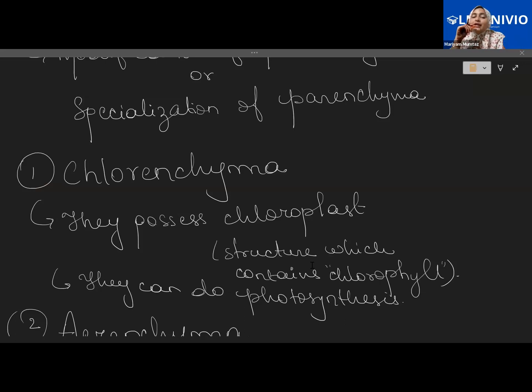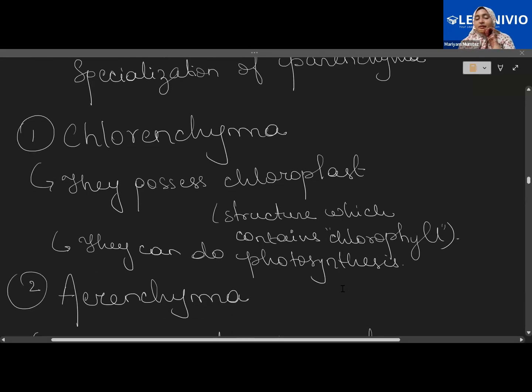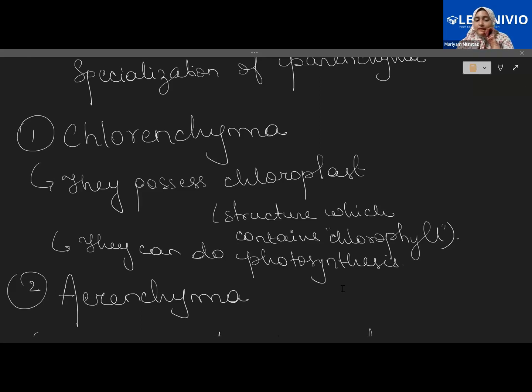All of us know that plants can perform photosynthesis with the help of chlorophyll. So parenchyma that have chloroplast present in them are known as chlorenchyma, and they can do photosynthesis. That is chlorenchyma, the first kind of specialization of parenchyma.